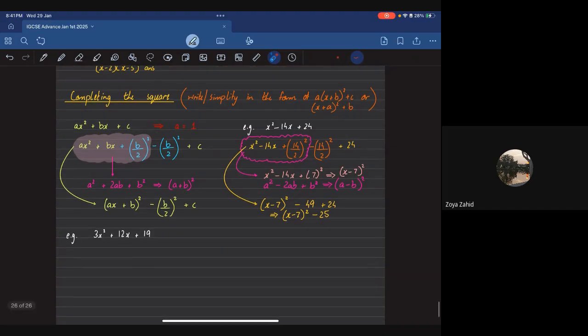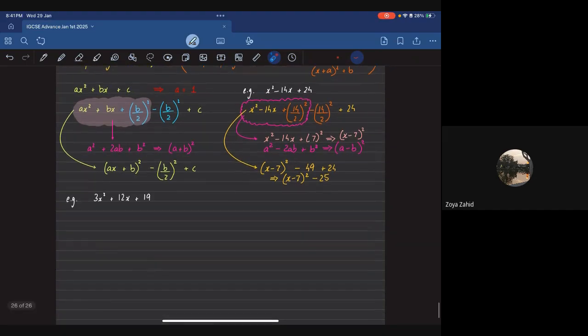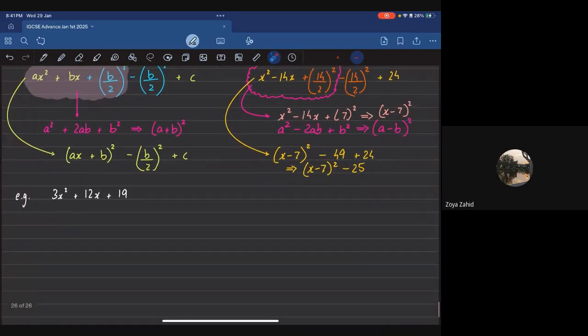So you know that you are supposed to do completing the square. You cannot do middle term breaking or anything. First off, I know that the coefficient is not 1, so I need to factorize this. But there's an issue: 19 is not divisible by 3.